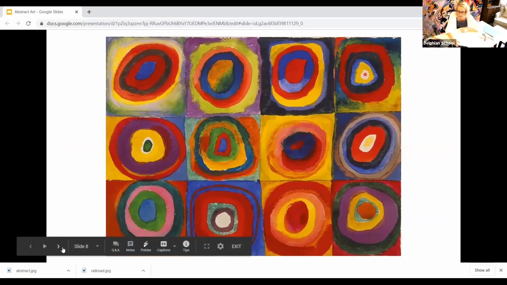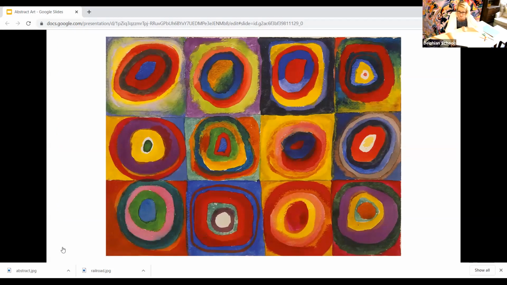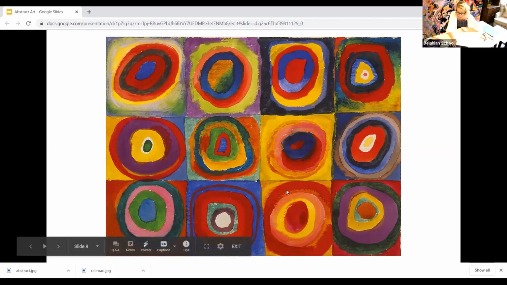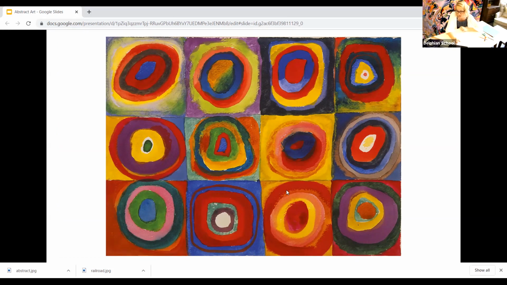So here is another painting that Kandinsky did. In this painting, he was just studying colors and how they reacted next to each other. Something interesting about color is if you taped a piece of red paper onto the wall and stared at it for a really long time, and then looked over to a blank wall really quickly, you'd see spots of green.